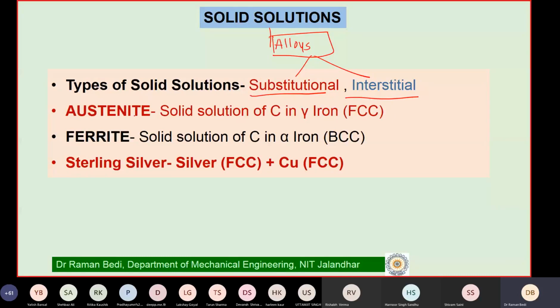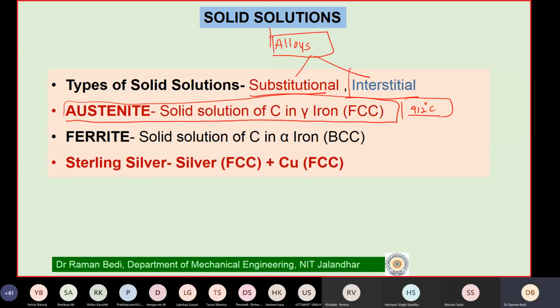The example, which I already said, is austenite, which is iron plus carbon at temperatures normally greater than 912 degrees centigrade. Although you can have stable austenite even at lower temperatures by some methods, when I say your normal iron carbon phase diagram, austenite is the solid solution of iron with carbon in it, and carbon, which type is it?